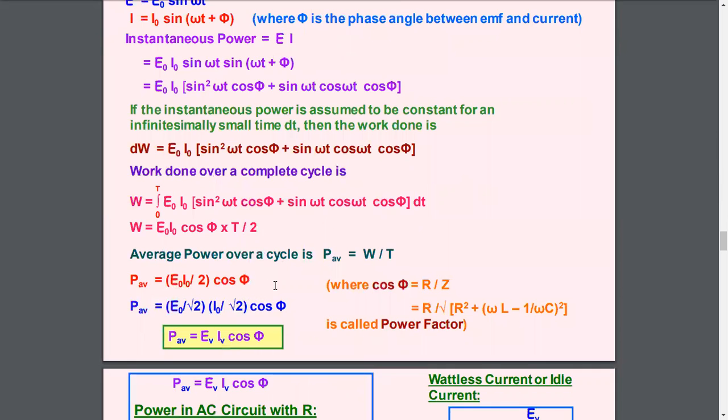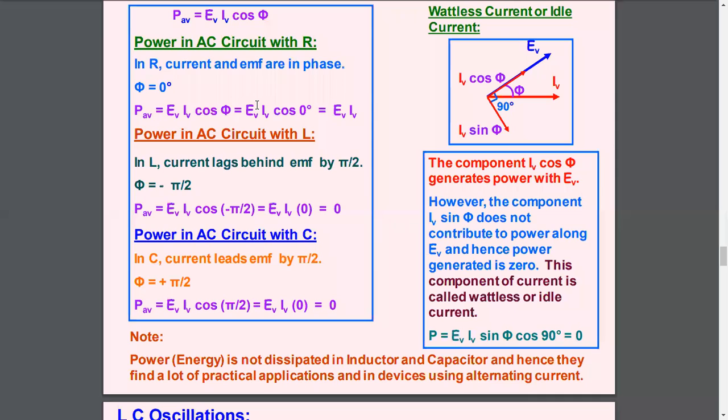Now we discuss the individual circuits, resistive, capacitive and inductive, separately, and then calculate power. Then we will conclude how the AC supply behaves across an LCR circuit. Sometimes its power becomes zero, sometimes its power becomes maximum.